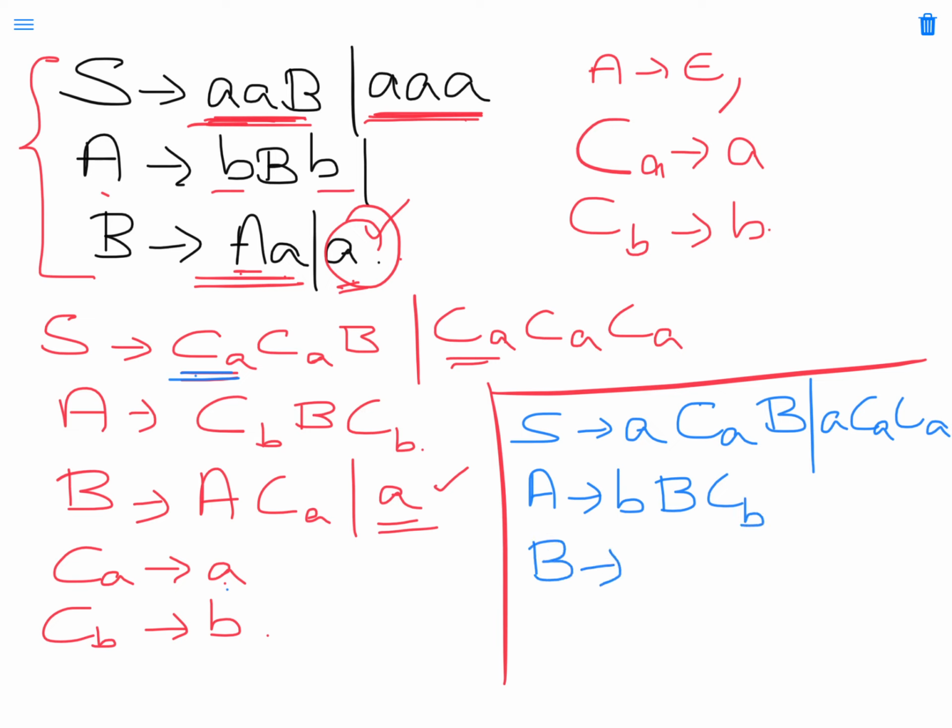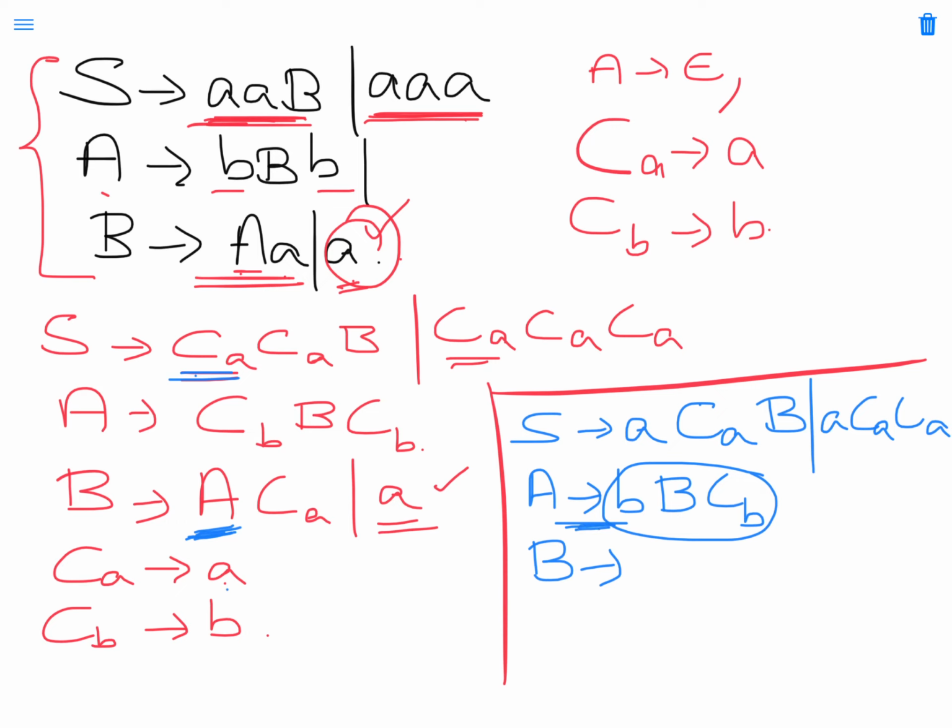B gives A, and here the right hand side starts with A. So in place of this A, you have to substitute its right hand side. A we have already converted into GNF like this.